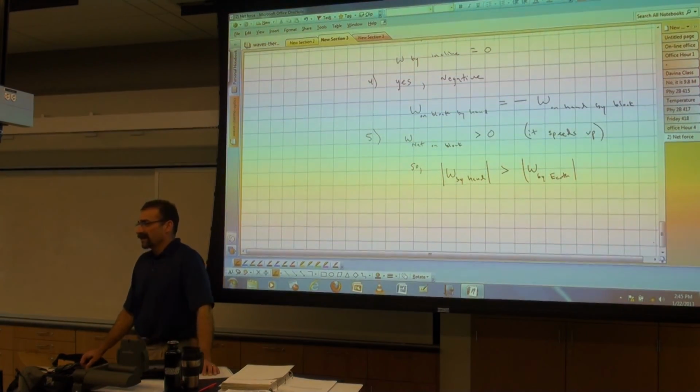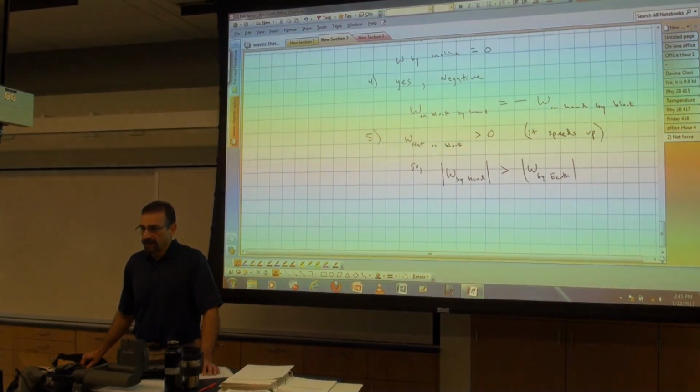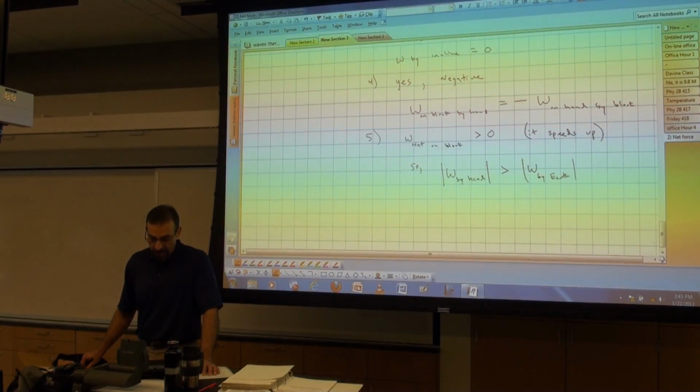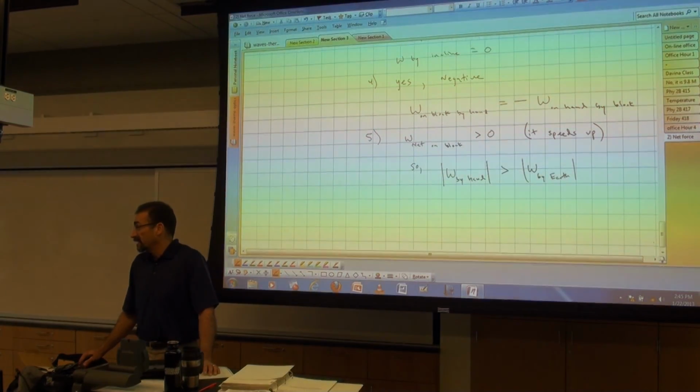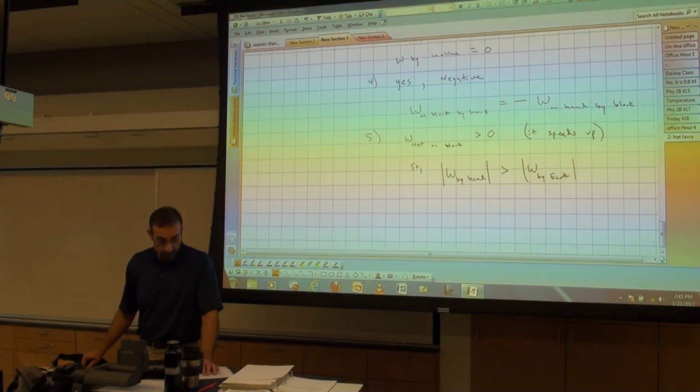The magnitude of the work done by the hand has to be greater than the magnitude of the work done by gravity. Because the work done by the earth, the work done by gravity, that's negative. Work done by the hand is positive. When you add the two together, you have to get a positive number. So the positive one has to have a bigger magnitude. I think that's all they wanted here.